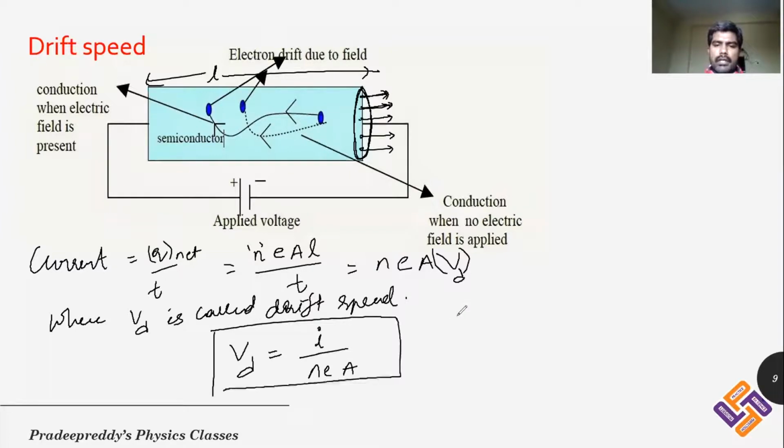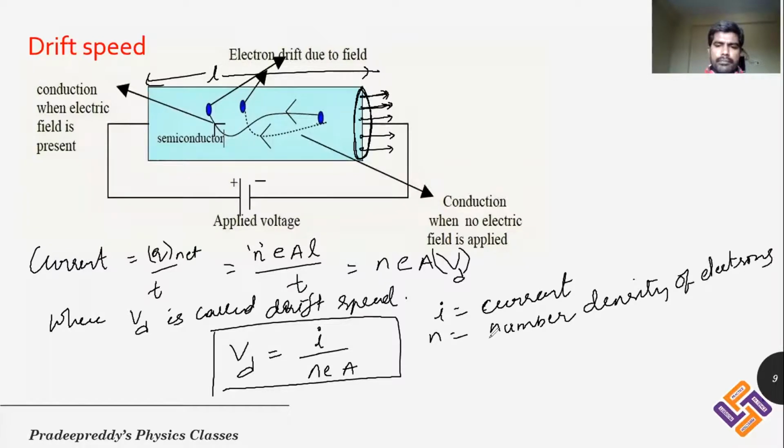I is equal to current, N is equal to number density of electrons, A is equal to area of cross-section of the wire, and e is equal to the charge of the electron.